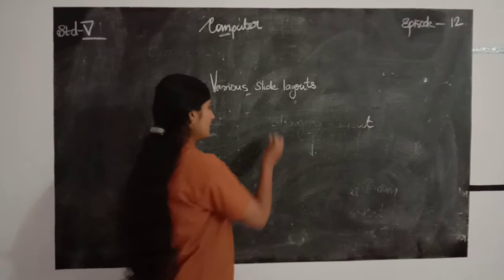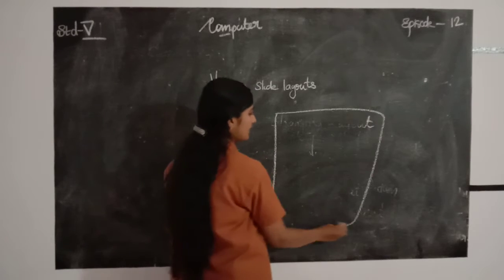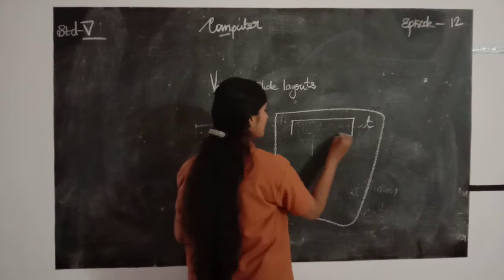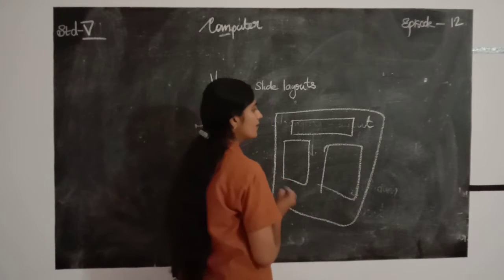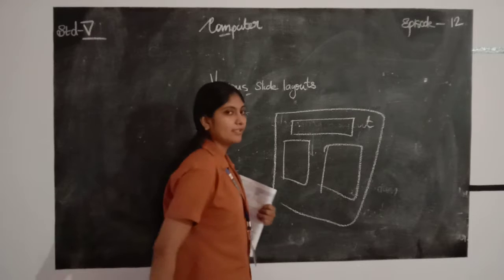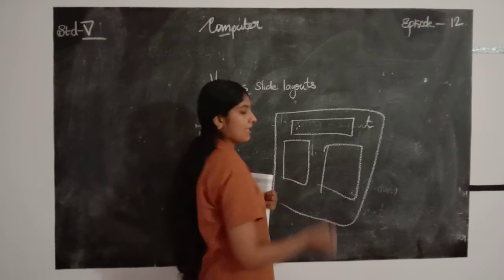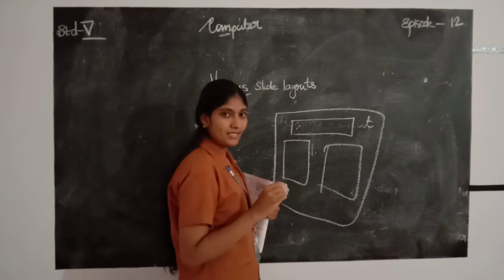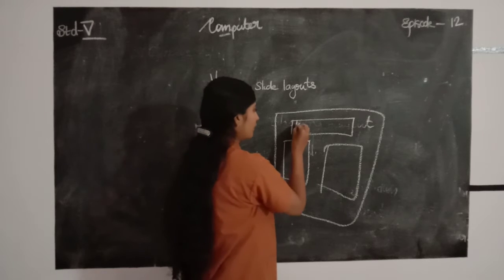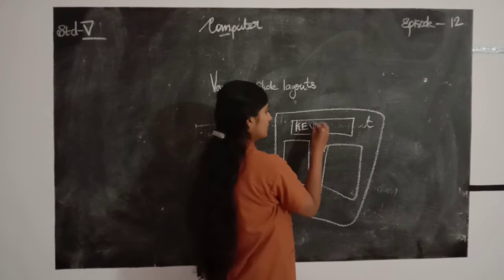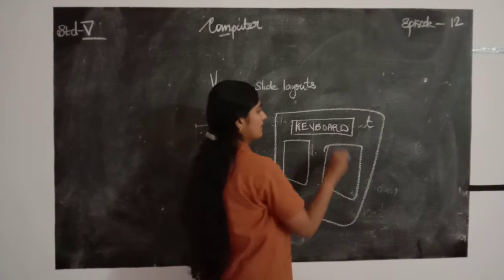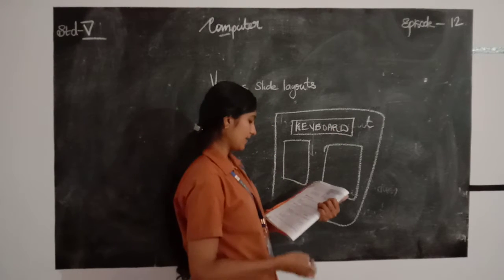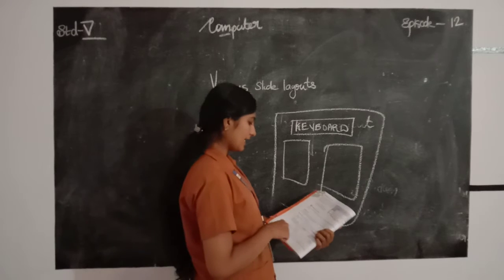So first look please. This is the slide and here is the title placeholder and here is the two content. So here first click on it, then type the letters. For example, if you type keyboard. Then next, click on it.